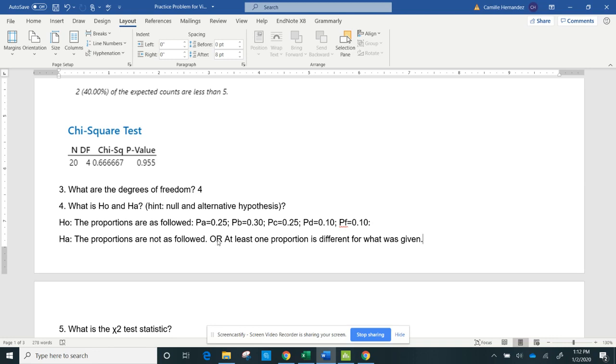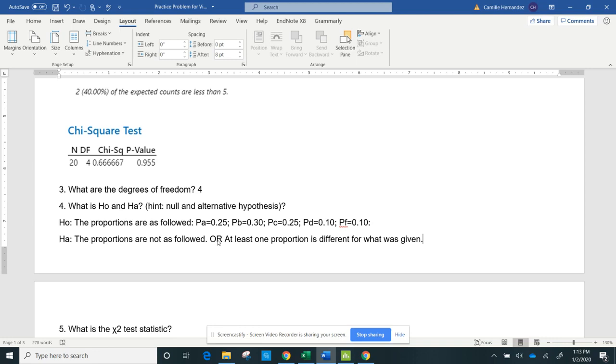So again, my null is that I believe that the proportions are how the observed data is going to act. I believe that A's are going to happen 0.25, B's 0.30, C's 0.25, D's 0.10, and then F's 0.10. My alternative is that my proportions aren't going to follow that. Or I can say at least one of these proportions is going to be different.